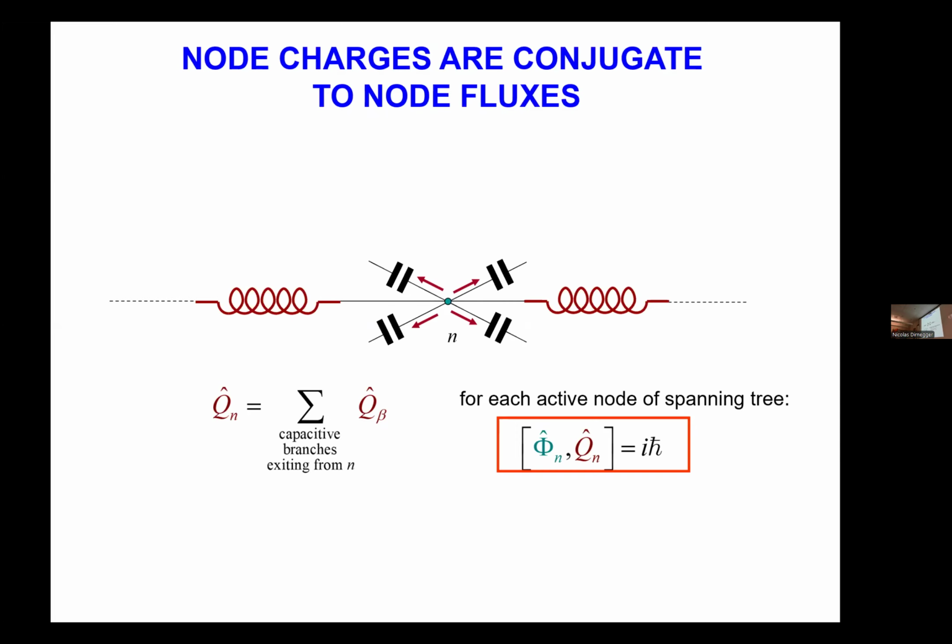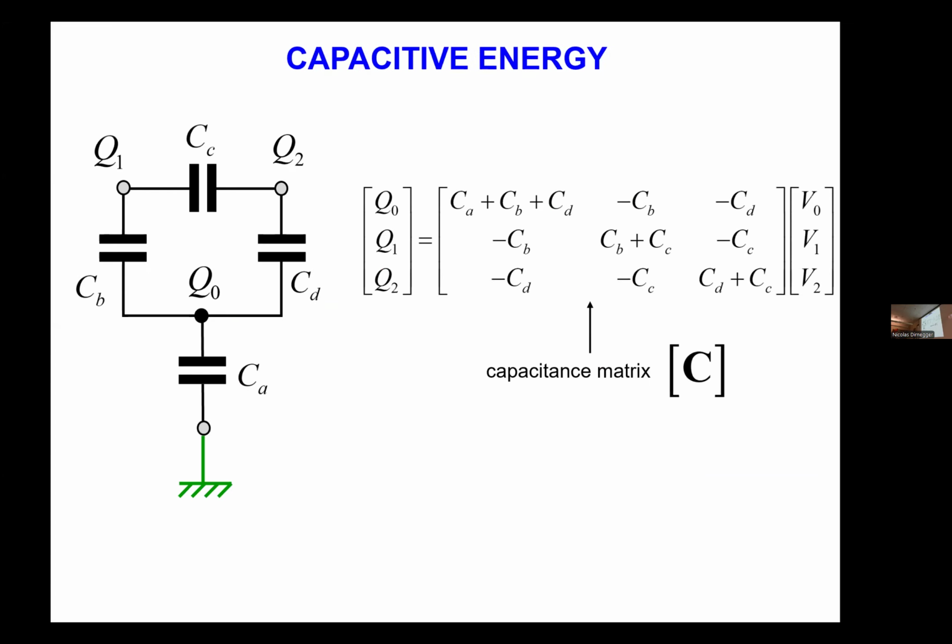And now you have identified the proper conjugate variables. So the big achievement here is that by doing this analysis, you have managed to find all the true dynamical variables of your system.